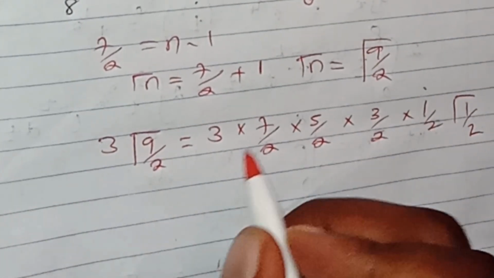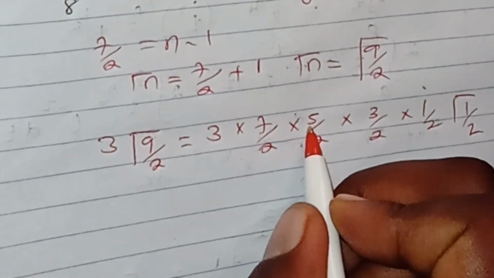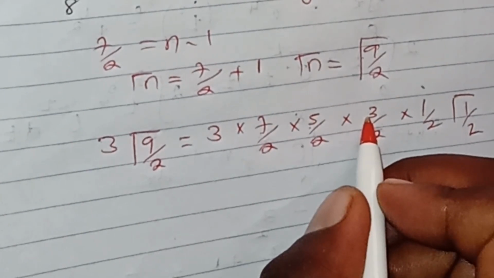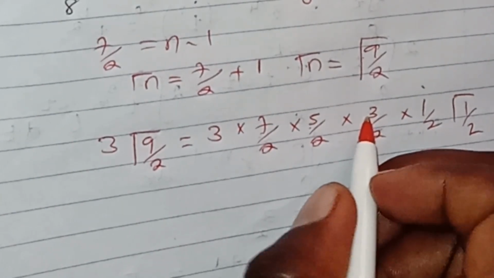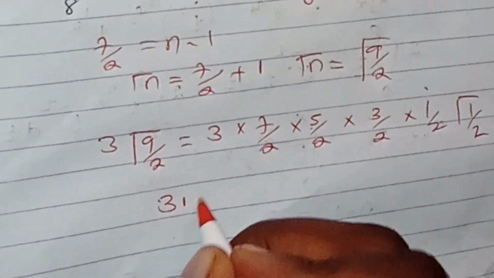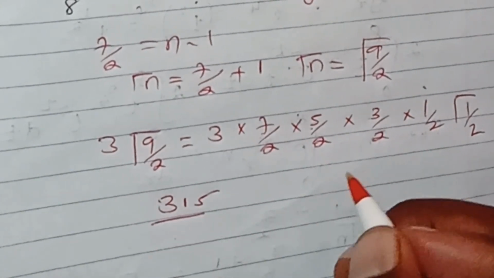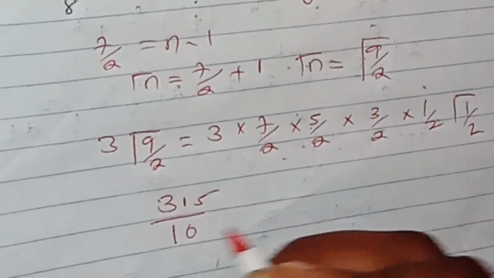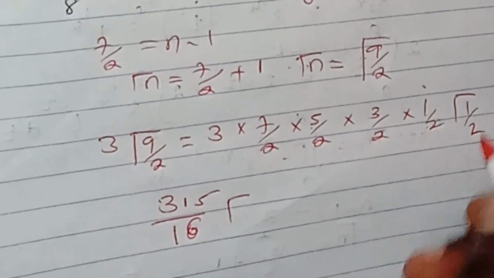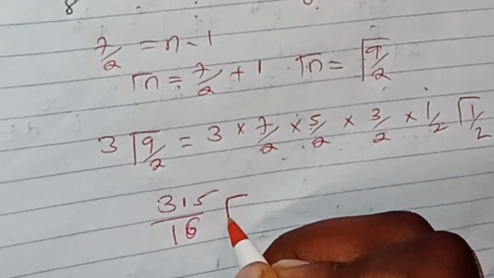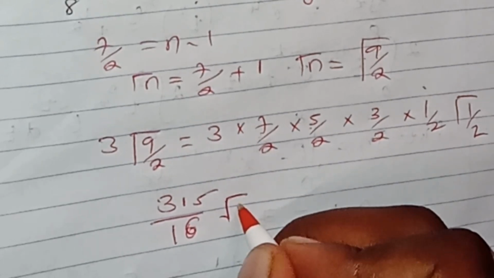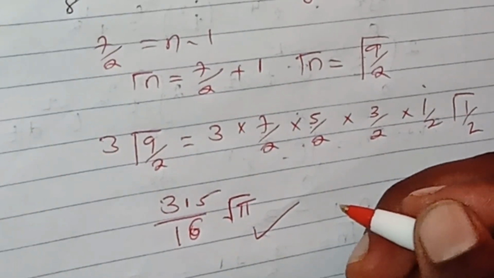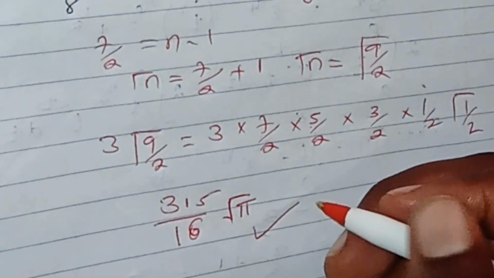Okay, so 7 times 5 is 35, 35 times 3 is 105, 105 times 3 is 315, so 315 divided by 2 raised to the power 4, which is 16, gamma half, and gamma half is similarly equal to root pi. Okay, like that. This is the required solution for that.